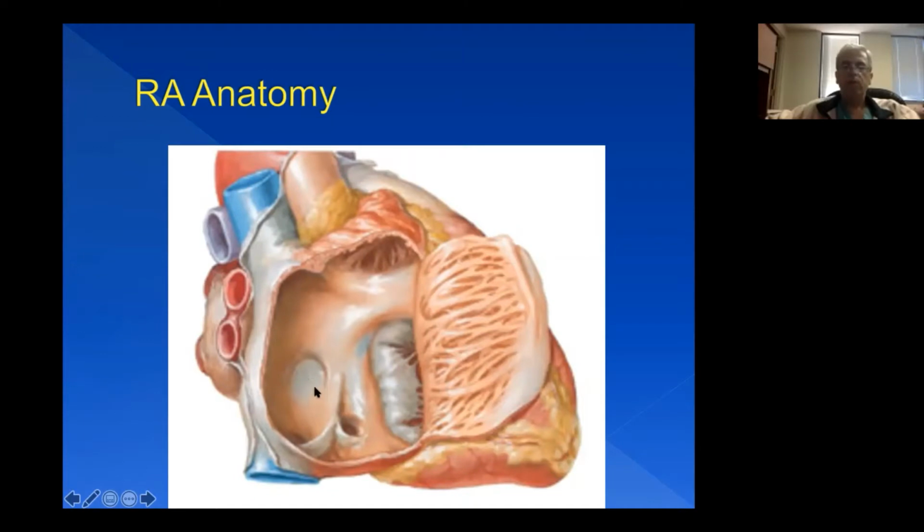This is the site where we do the transseptal procedure to perform procedures on the left side, whether related to mitral valve clip, atrial fibrillation ablation, or Watchman device. You see the opening of the coronary sinus with the Thebesian valve, and I'm going to identify some important structures that are relevant to arrhythmia and ablation.